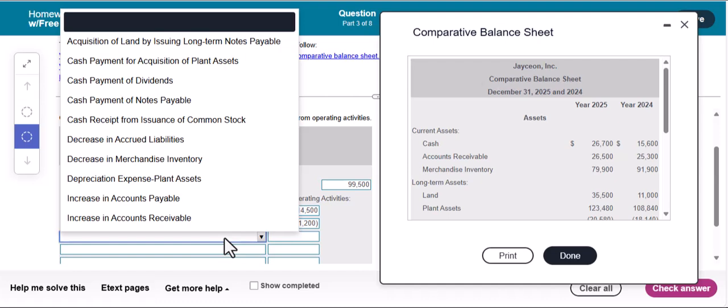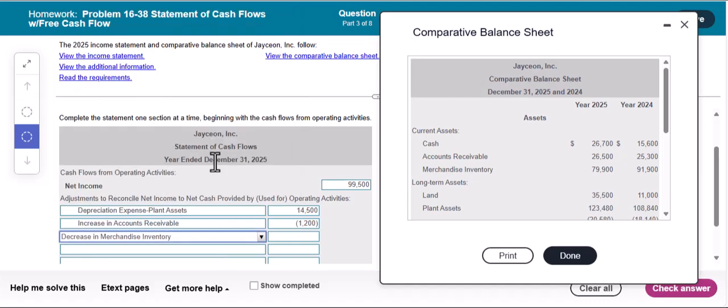Let's have a look. So decrease in merchandise inventory. And with this one, it is going to be a positive 12,000. Because in order for it to decrease, we must have sold some inventory. So that means an increase in cash.